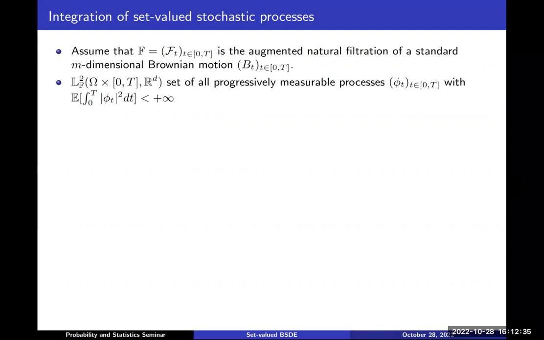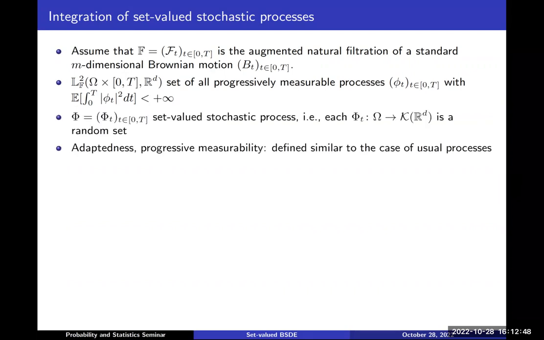So now we can move forward to set-valued processes. I have my usual processes, phi t, which are progressively measurable and square integrable. And now I can talk about set-valued processes, which means at each time we have a random set or set-valued random variable. I won't go into details of how we define things like adaptedness and progressive measurability for set-valued processes.